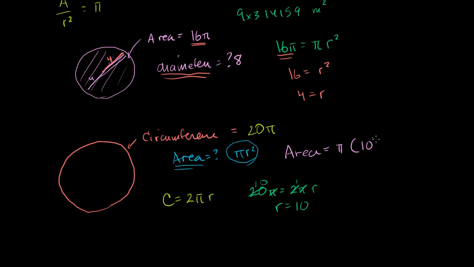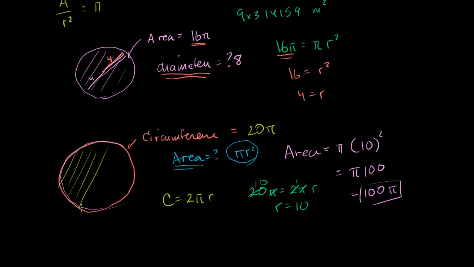R is 10, so 10 squared is 100, which is equal to pi times 100, or 100 pi, just like that. So your circumference was 20 pi when you went around the circle, but the area of your circle is 100 pi. And if I gave you units, it would be 100 pi units squared. That is your area right there, 100 pi.